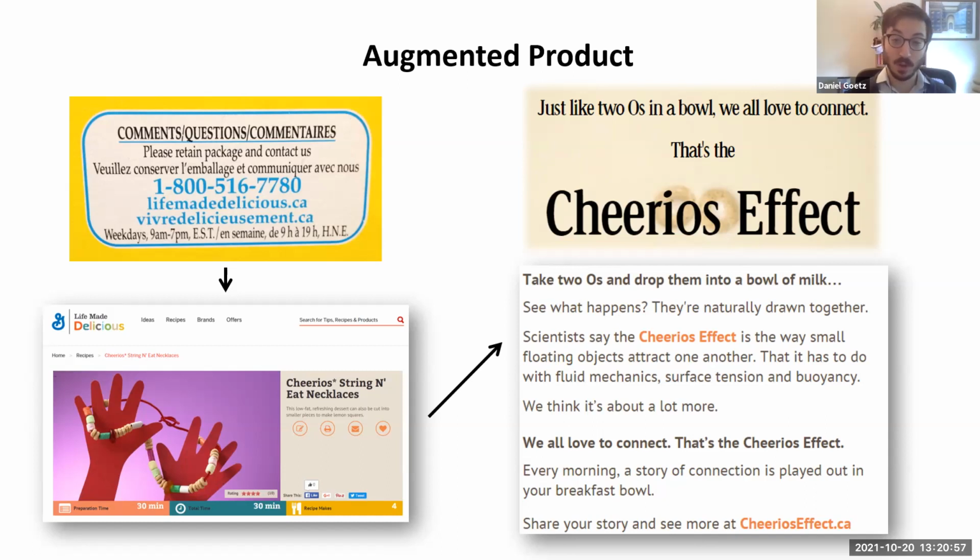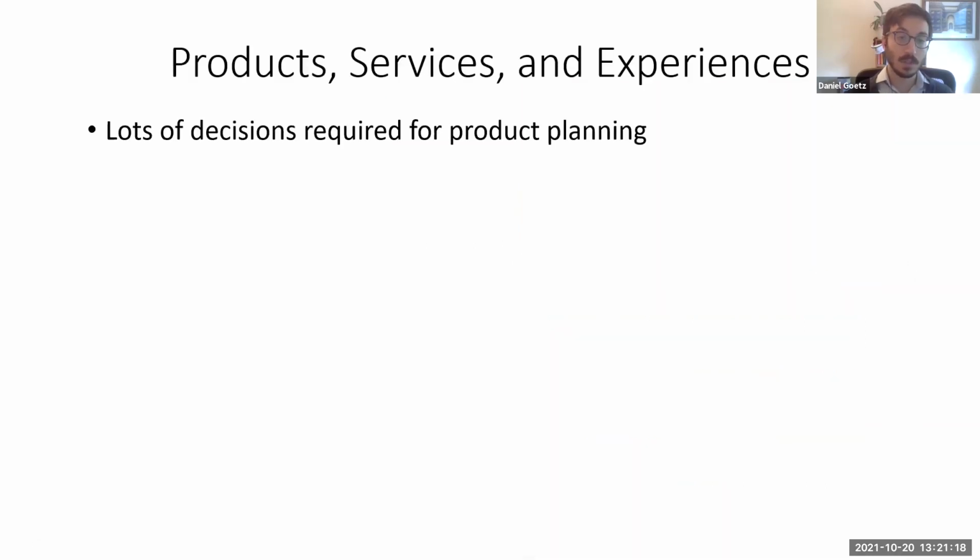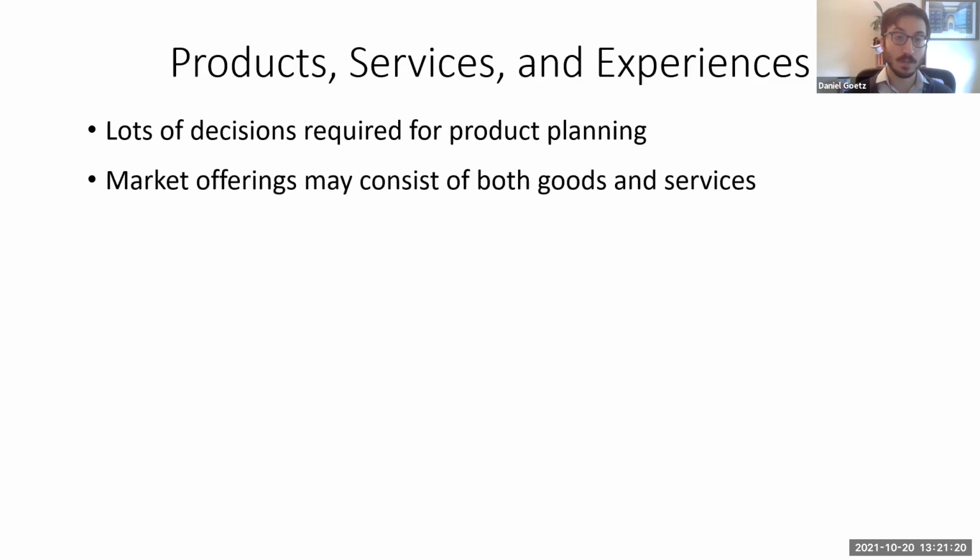And they weave a story around that, right? But this could be seen as a promotion, but it's blurring the lines between an augmented product and a promotion. But it's all a deliberate choice that the company is making to add this on to Cheerios. Right? So we can see there's lots of decisions that are required for product planning.